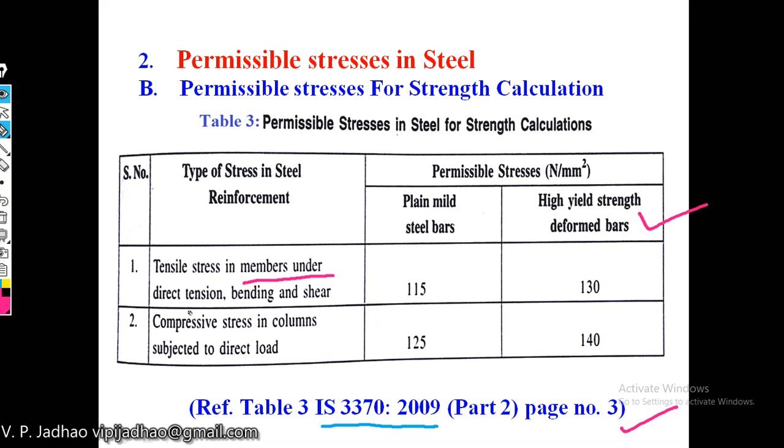So for direct tension, bending and shear, we have to use this 130 Newton per mm square, whereas for compressive stresses in columns subjected to direct load, we have to use this value of 140 Newton per mm square. We won't be using these two values because these are for plain mild steel bars.